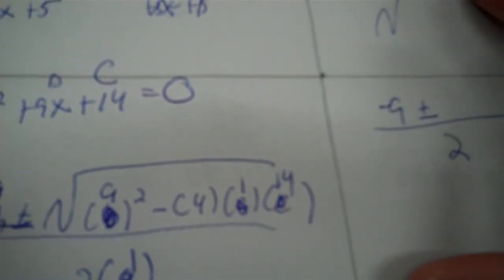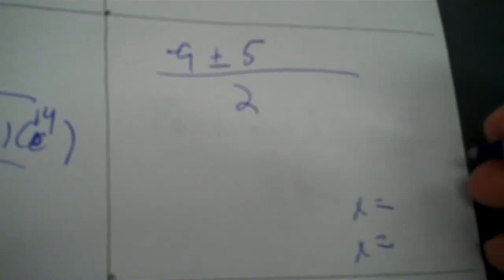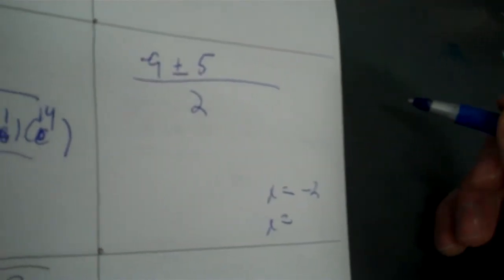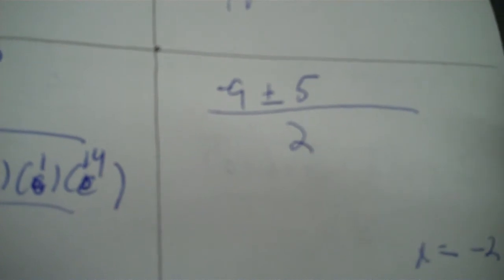So we have negative 9, 2 times 1 is 2, 9 squared is 81, okay? 4 times 1 times 14 is 56, and then that is 25, which is up there, that's 5, okay? So we need a second answer, so negative 9 plus 5 is going to be negative 4, and then negative 4 divided by 2 is negative 2. Negative 9 minus 5 is negative 14, divided by 2 is negative 7.